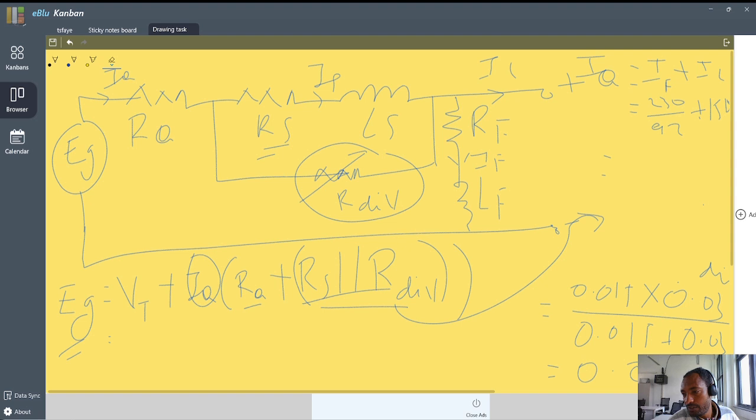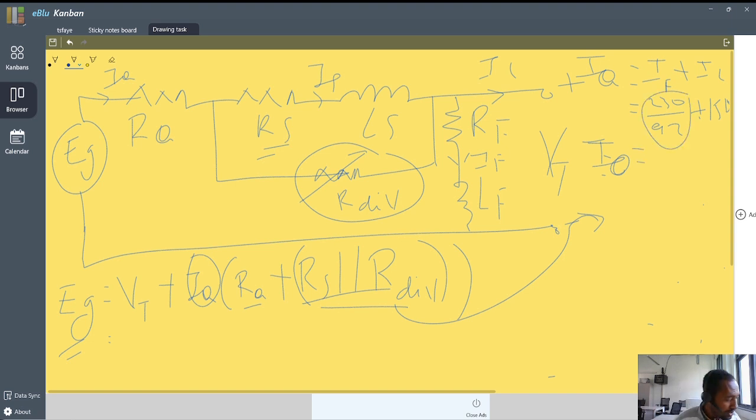Okay, so this is VT, and IA. Now this IA value is how much?